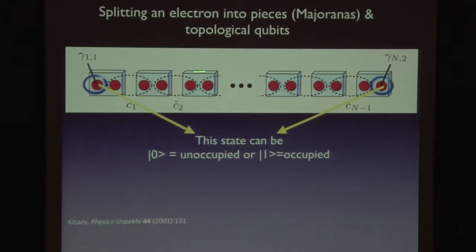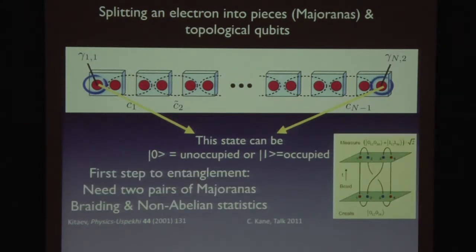So this is a single state which you can occupy or unoccupy. So it's not an ordinary fermion because it's not a local object. And this is where the story of a Majorana in a condensed matter setting gets even more interesting than just a quasi-particle that is its own antiparticle.